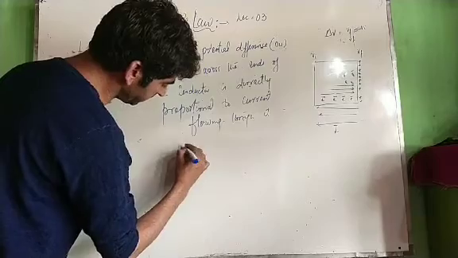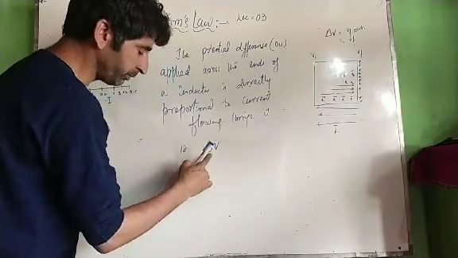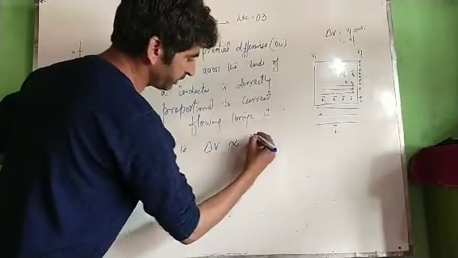That means del V is directly proportional to I.